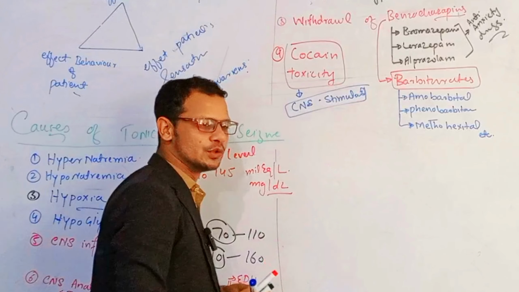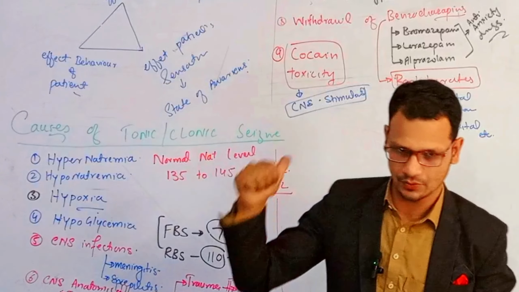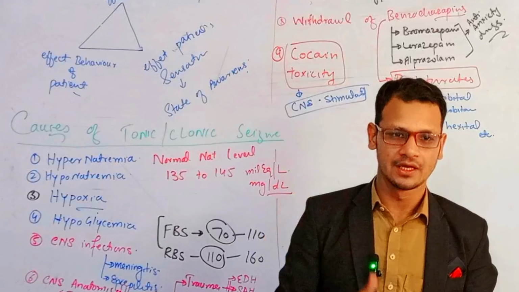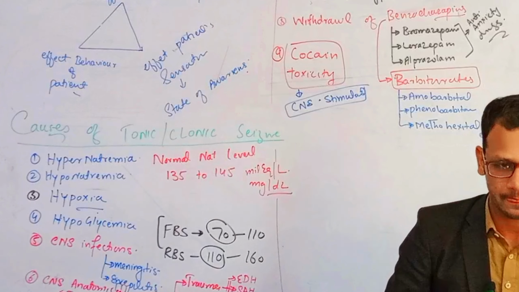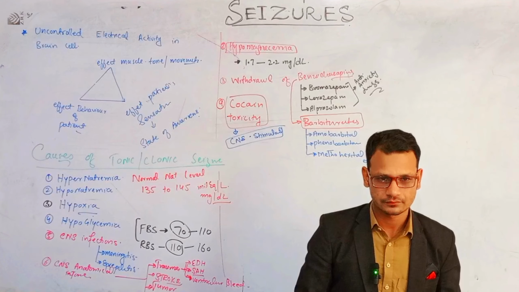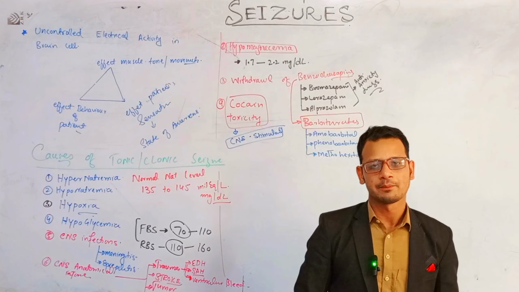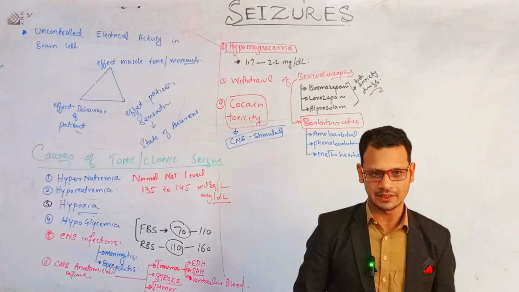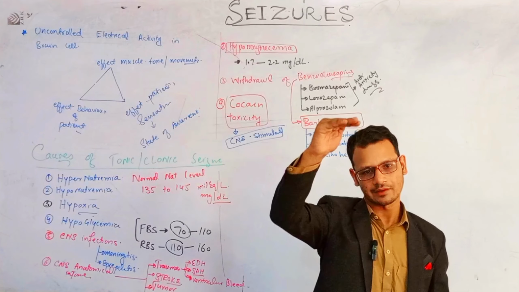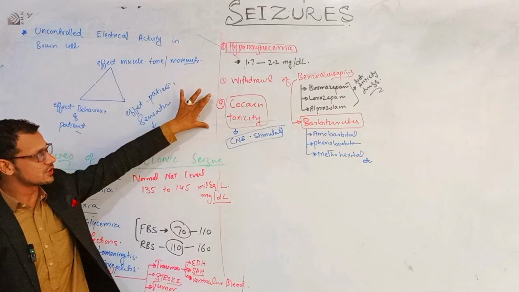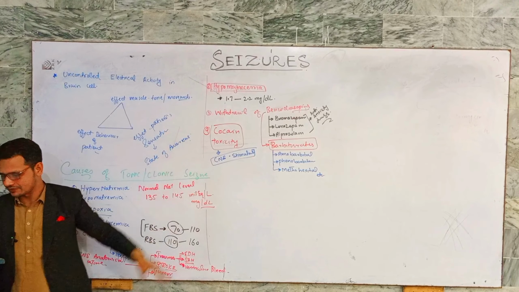And when you take cocaine in a toxic dose, it will cause seizures, because in an empty stomach the absorption is at a high level. So these are the causes of seizures, right?